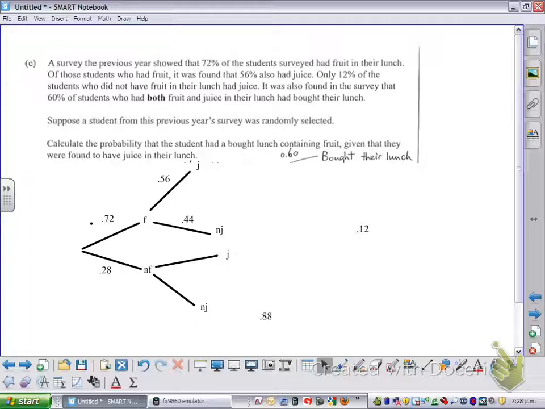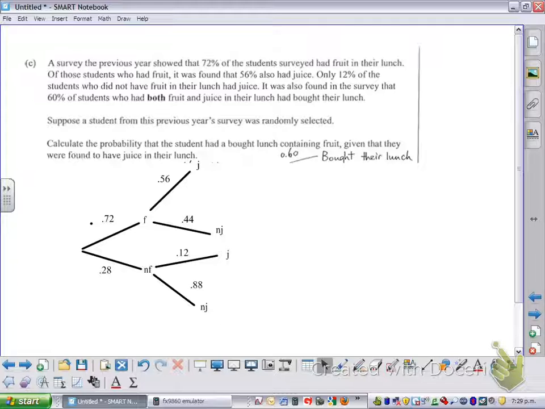Survey the previous year showed that 72% of the students surveyed had fruit in their lunch, so that's 72% that had fruit. Of those students who had fruit, 56 also had juice. All right. Only 12% of students not having fruit in their lunch had juice. So this is where your 0.12 is going to go. Okay, so we'll just move that into here, and then the 0.88 into here.